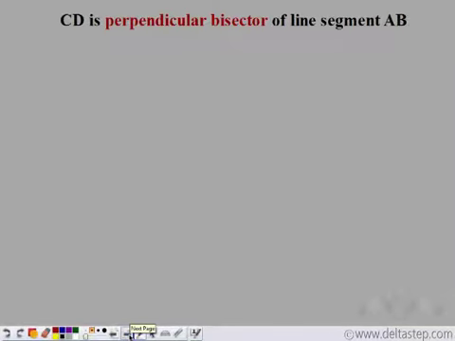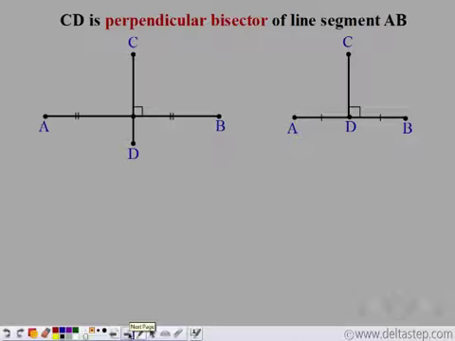Now if we have CD perpendicular bisector of line segment AB, then there are two possible cases. We can have CD and AB in this manner, or we can have CD and AB in this manner. Both of them are correct.